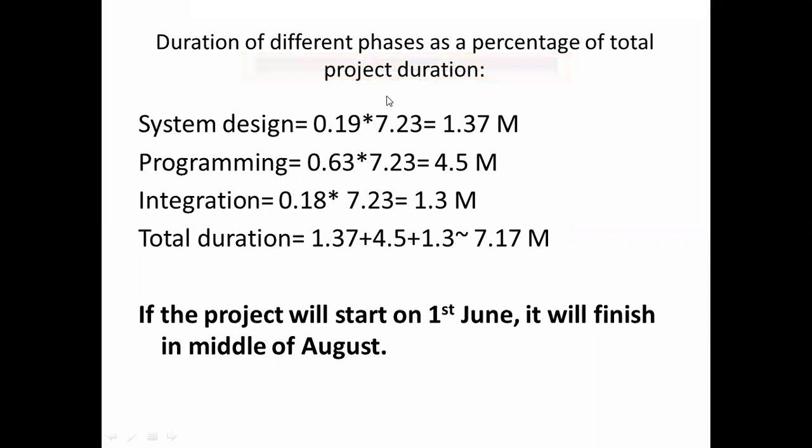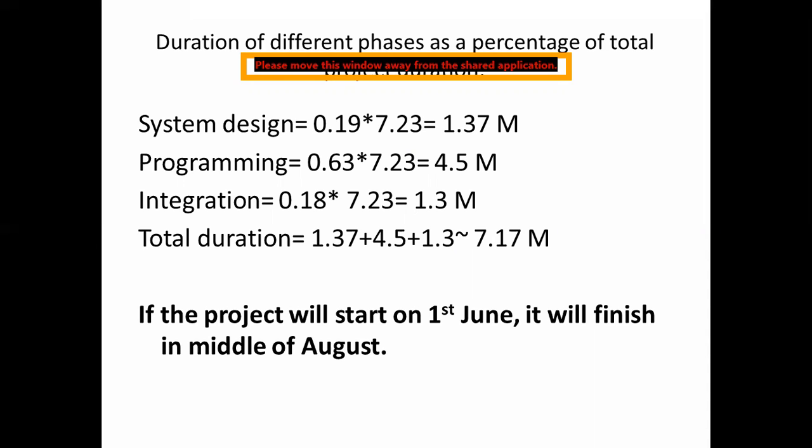So this is approximately equal time duration. If you add the phases, you get approximately the same, 7.17 versus 7.23.